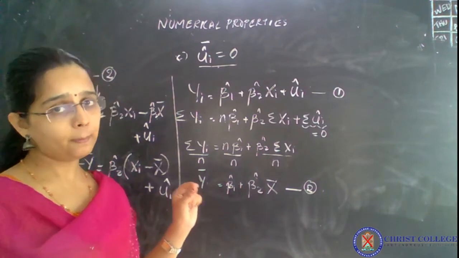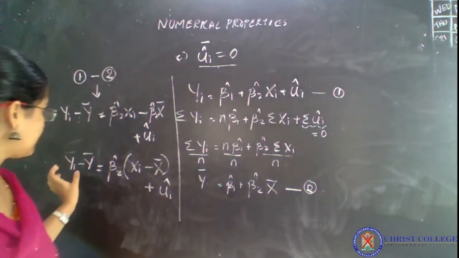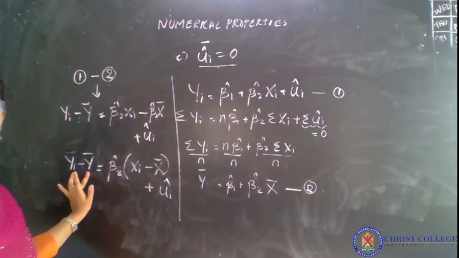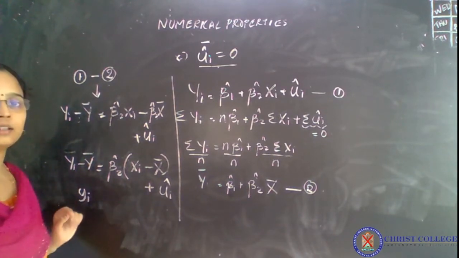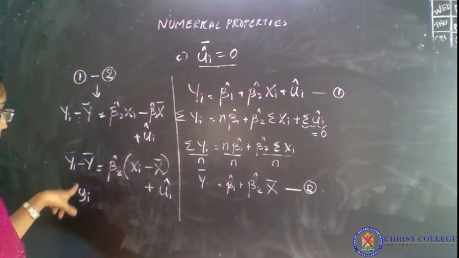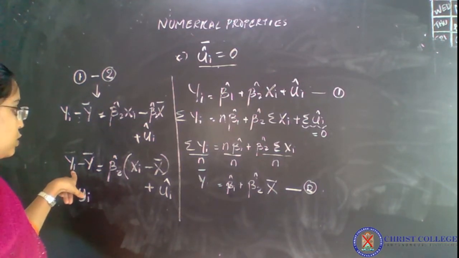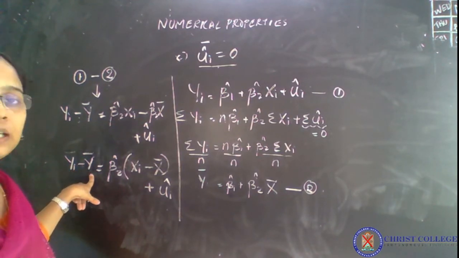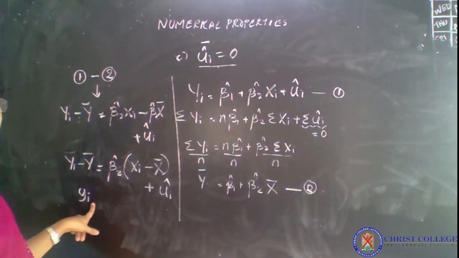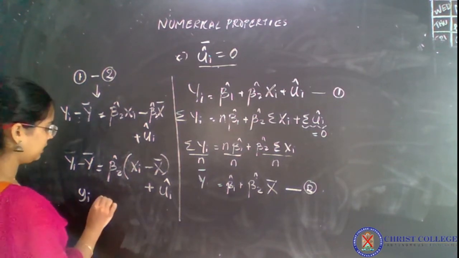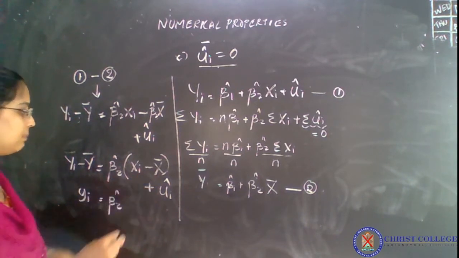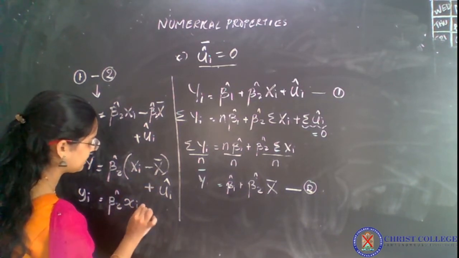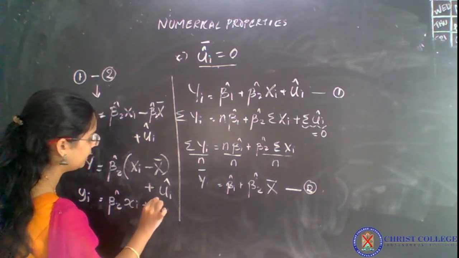Again, in the estimation part, we have already said that yi minus y bar can be written as small letter yi. Hope you remember this. This actual y minus the mean value, yi minus y bar, is written as small letter yi, equal to beta 2 hat times xi minus x bar, which can be written as small letter xi, plus ui hat.